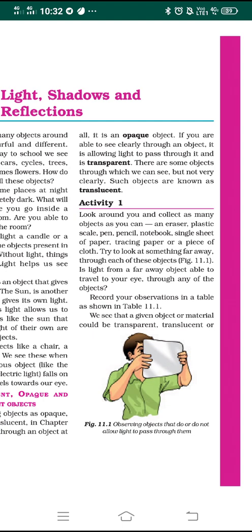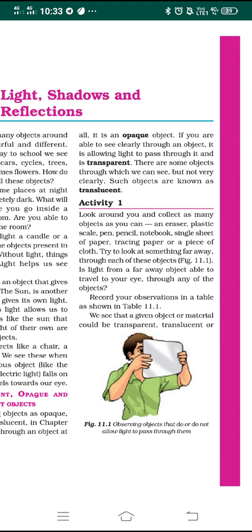Try to look at something far away through each of these objects. Is light from a far away object able to travel to your eye through any of the objects? You have to check it out. Record your observation in table number 11.1.